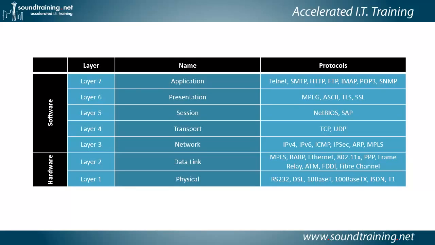Then there's RARP, reverse address resolution protocol, Ethernet, 802.11 and all of its extensions, PPP, point-to-point protocol, frame relay, ATM, asynchronous transfer mode, FDDI, fiber distributed data interface, and fibre channel, all operate at layer 2. Then down at layer 1, RS-232 for your serial connections, DSL, 10BASE-T, 100BASE-TX, 1000BASE whatever, those all operate down at layer 1, as does ISDN, T1, T3, and similar protocols.